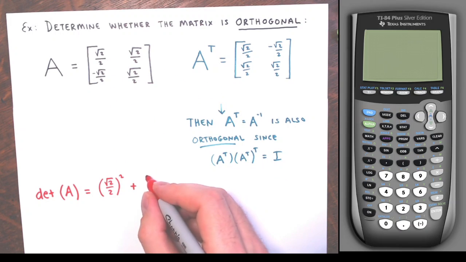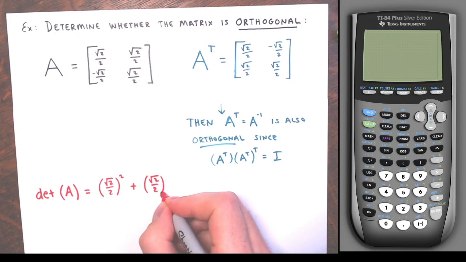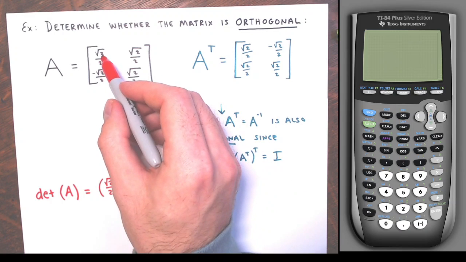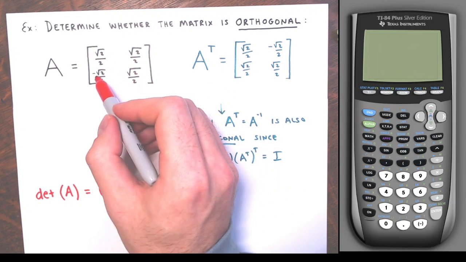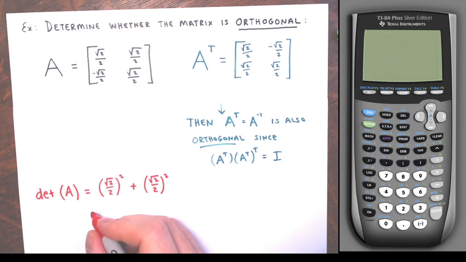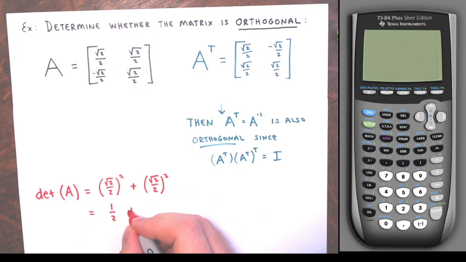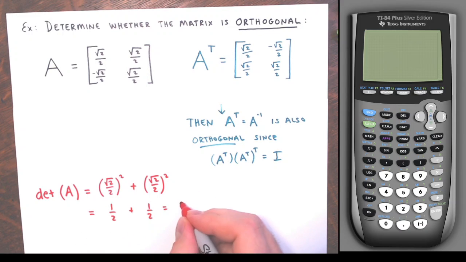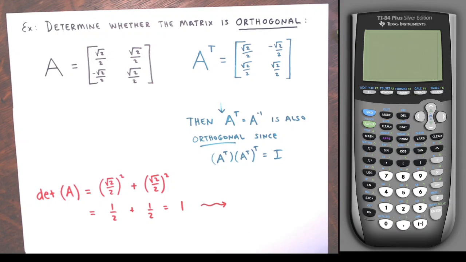So then that'd be again the square root of 2 over 2 squared. This times this minus this times this, but there's a negative there, so it's going to be plus. Well, this is a half plus a half. That's 1. I'm going to point something out here that you'll see in another example later.